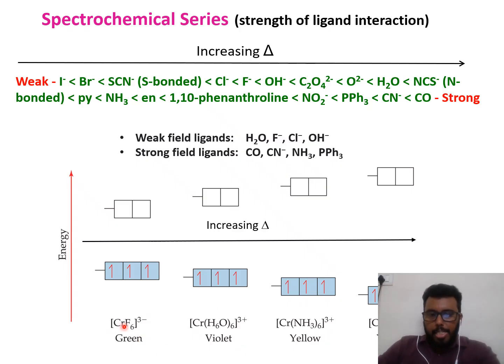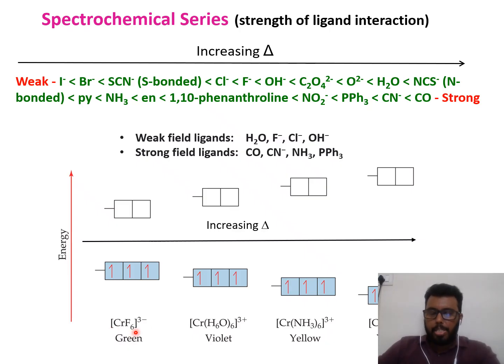And let's take an example of chromium-based complexes. Chromium is a d3 system, and we take 4 examples. Look at the coordination number of these 4 complexes. The coordination number is 6.